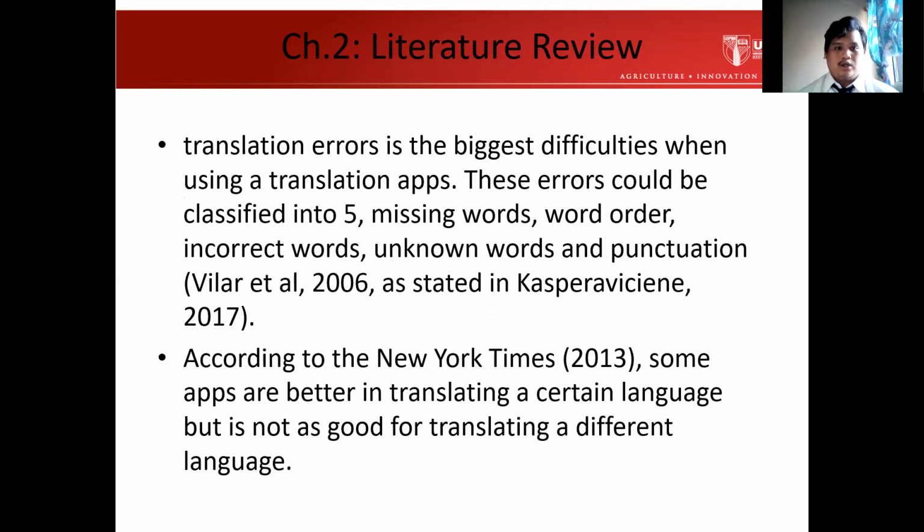And even according to the New York Times, some apps are better at translating a certain language, but not as good when translating a different language. So it shows that the choice of translation apps could also produce some translation errors, according to these researchers.